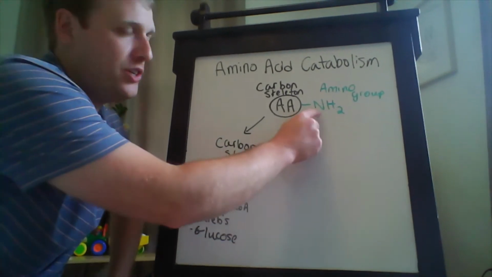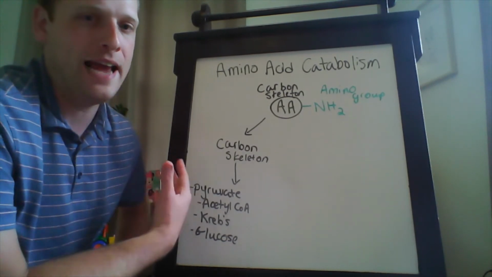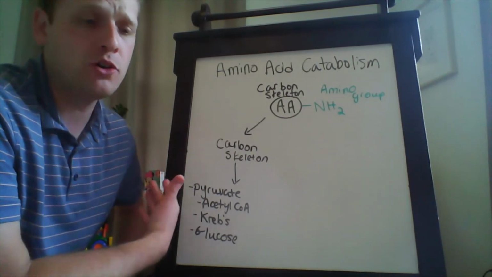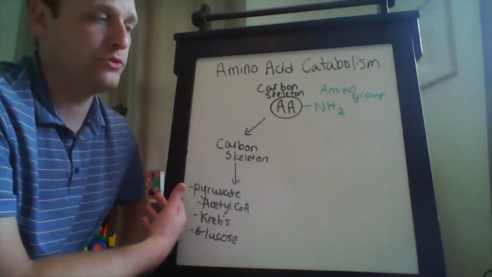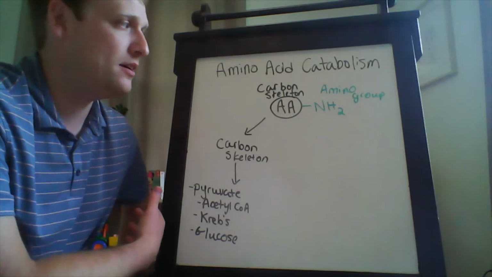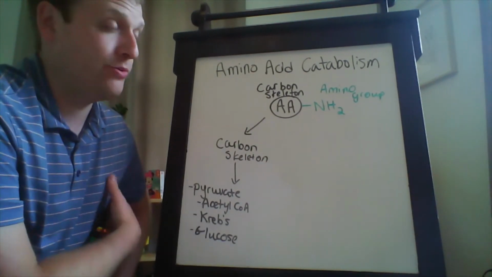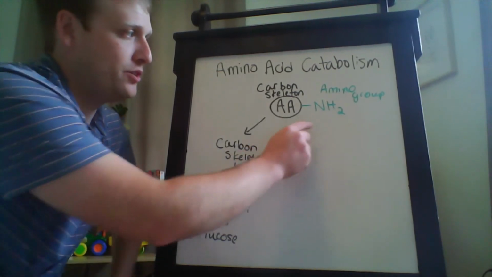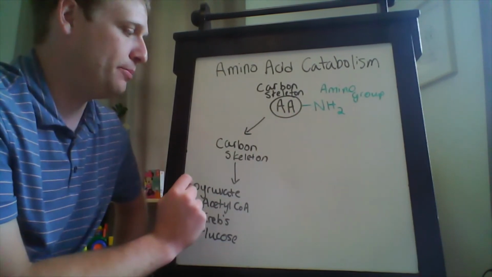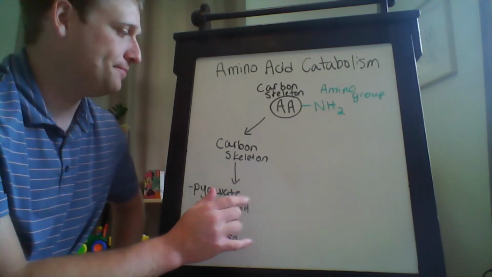So nitrogen is actually a very inert element. It does not react. And chemical reactions are required in order to oxidize something, to break bonds. So in order to make this carbon skeleton reactive, you have to first remove this amino group. And we'll talk about that more in just a second.